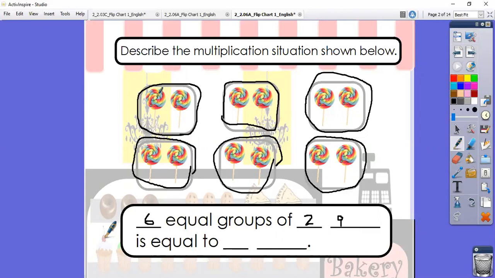We have 1, 2, 3, 4, 5, 6, 7, 8, 9, 10, 11, 12. So this is equal to 12 lollipops.